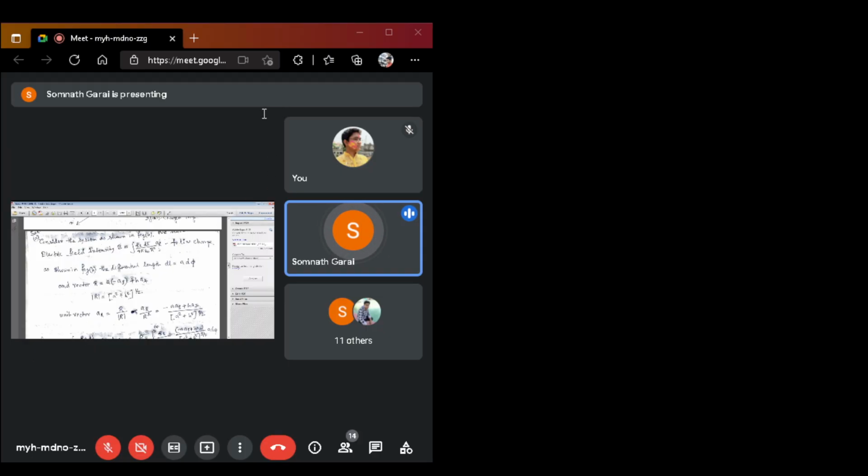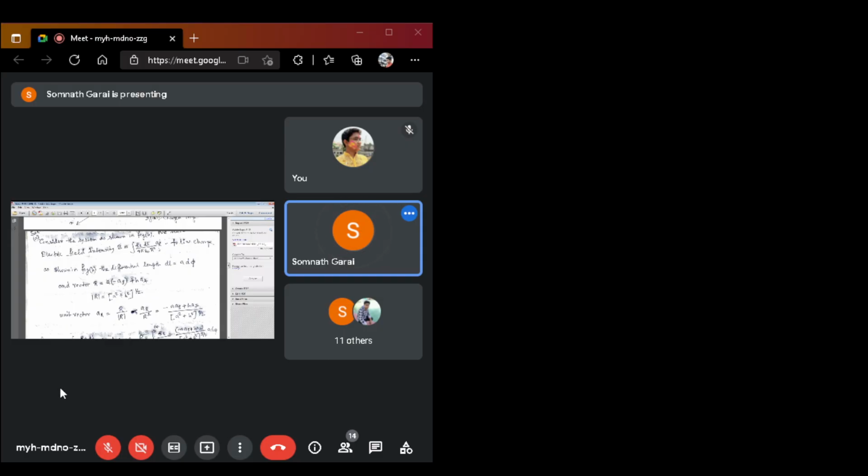So E equals rho L dl divided by 4 pi epsilon naught r square into ar.